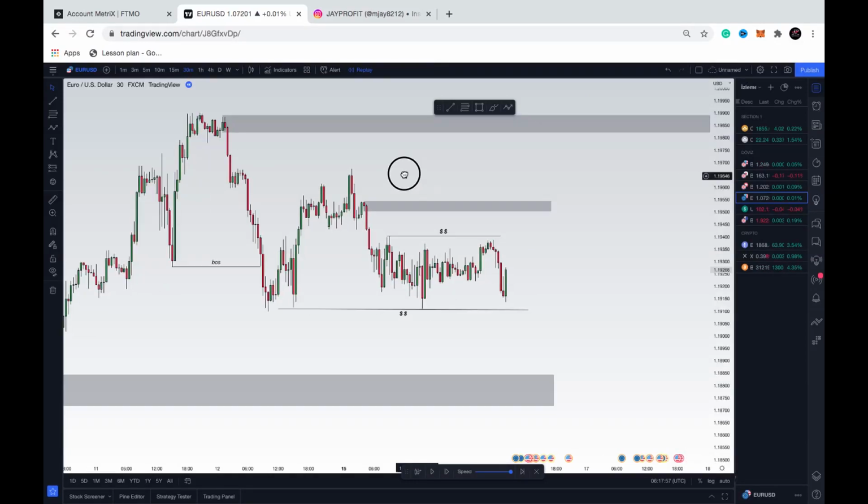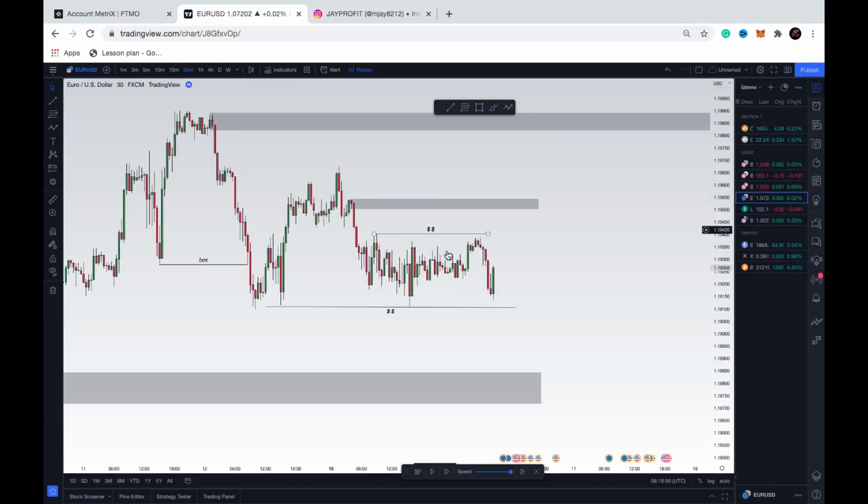Now, like I told you guys before in the previous session, in the previous diagram I made, I told you that the market has to come into here, take out the stop losses of the retail traders. We are looking to go short from this resistance point, and we have a nice area of supply right here. The market taps into this area of supply, and then sells off.